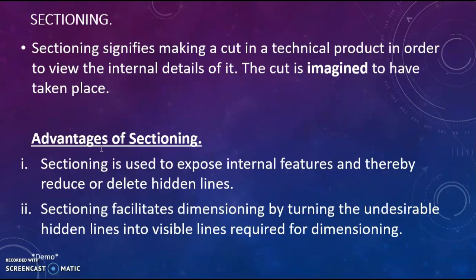In this study of sectioning, we imagine the cut through the object. The cut is not permanent on the object, or they do not give us an object with a permanent cut that is already sectioned. As engineers, we imagine a cut through this object so that we can examine it well and also view the hidden details inside this object.